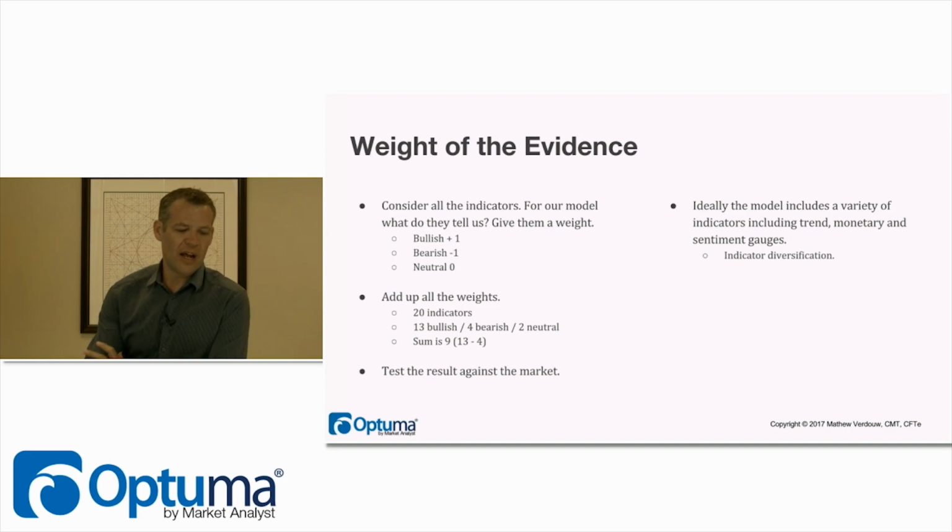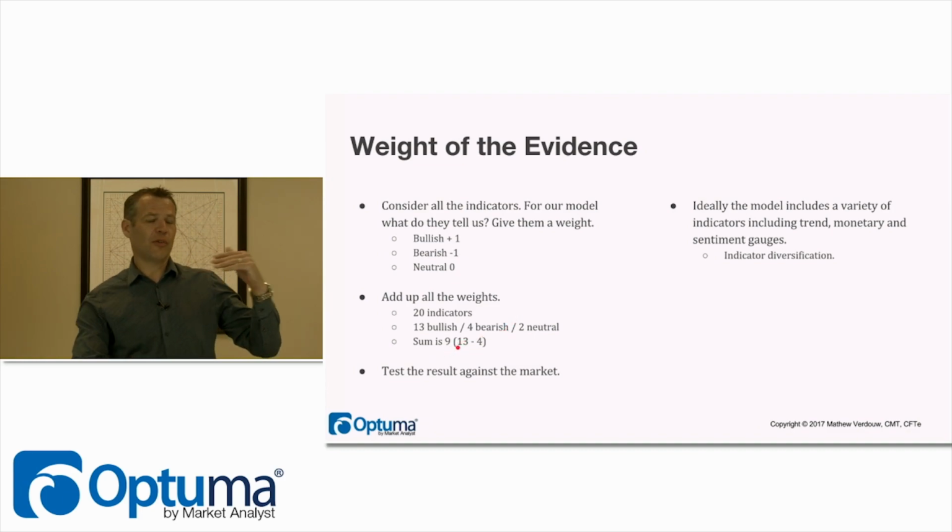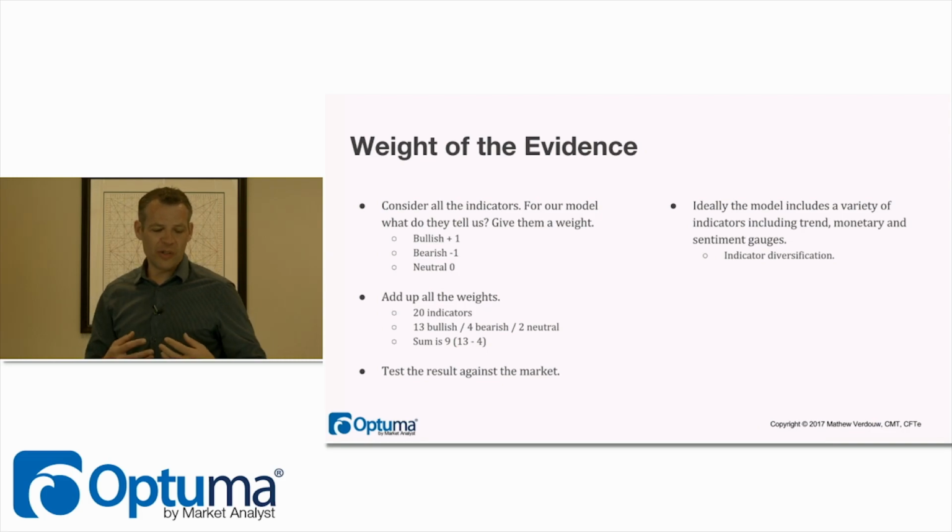So all those weights are added up, and you can see here just some very simple math. If there were 20 indicators, 13 were bullish, 4 bearish, and 2 neutral, then our sum would be 9. And if that surpassed the threshold, well then that would be added into our portfolio. So we test the results against the market to make sure that this is actually adding to us.